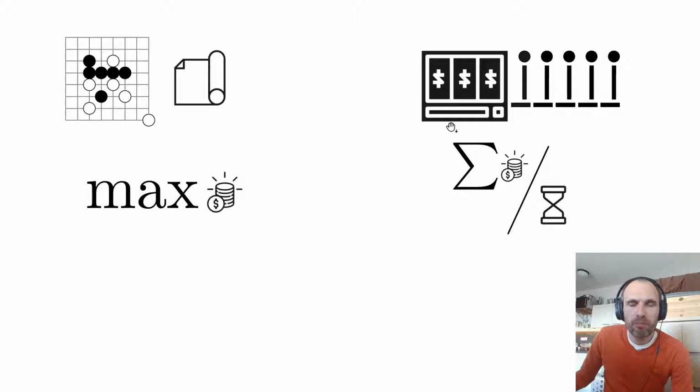So in the multi-armed bandit problem, usually the aim is to maximize the reward that you get over time. So you may not get the best option, but you got the second best option. That's still nice.